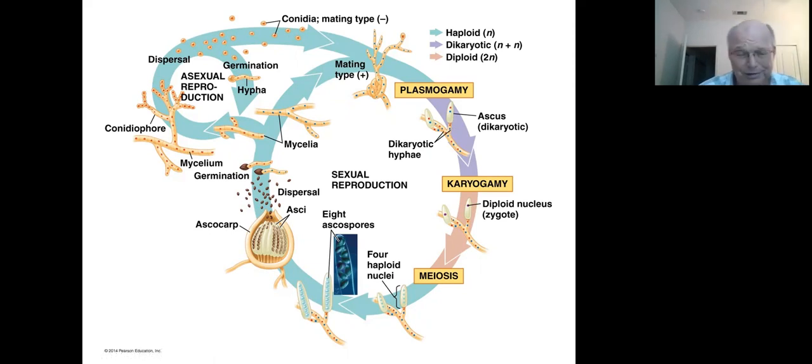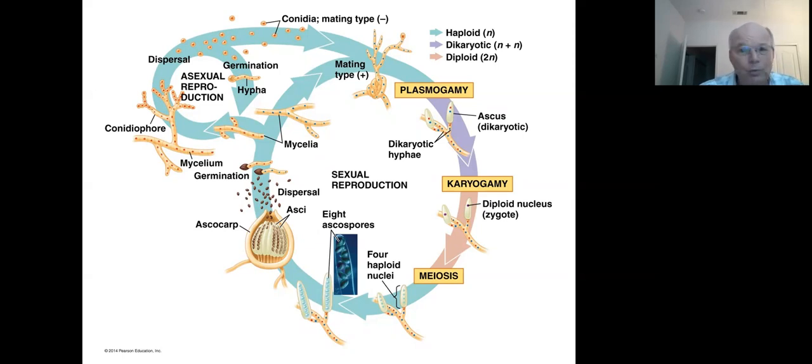So the fusion of the minus type conidium with the plus type hypha gives this dikaryotic stage, because the hyphae are split up into cellular compartments by the septa. And so you have one copy of each of these haploid nuclei present in this hypha.